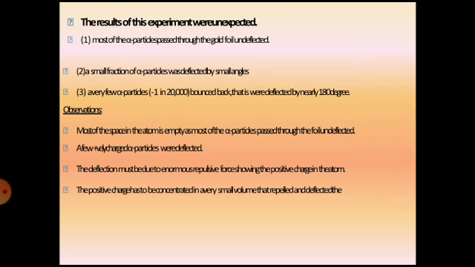The first point: most of the alpha particles passed through the gold foil undeflected. As I said, most of the alpha particles pass through the foil undeflected. Second: a small fraction of alpha particles were deflected by a small angle. I told this point also, only a few particles are deflected by a very small angle. And third one: very few particles, one in 20,000, one particle out of 20,000, bounced back, that is, were deflected by nearly 180 degrees. I also said that only a few particles do this. One or two out of 20,000 are deflected by what angle? 180, bounce back. Okay, like in carrom we used to rebound, the rebound shot, similarly.